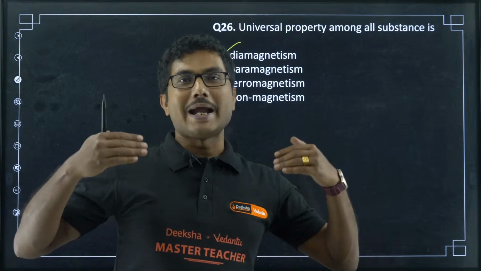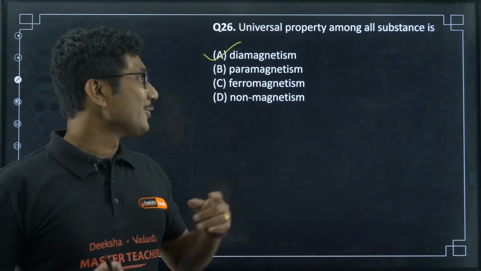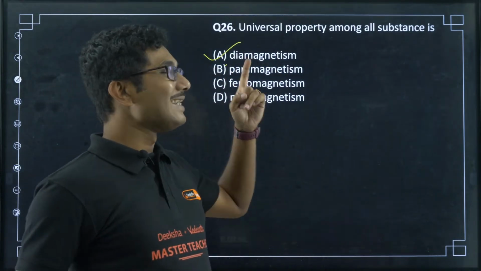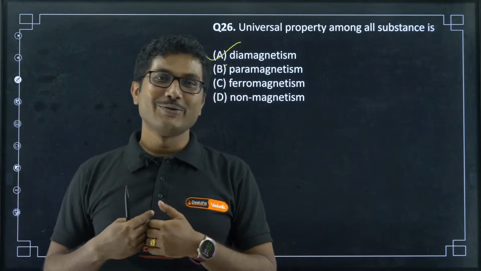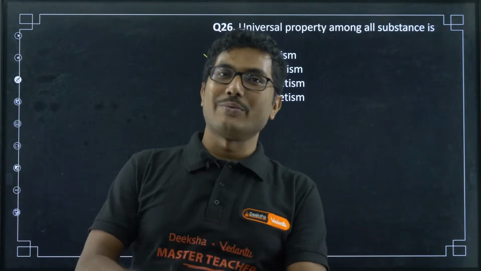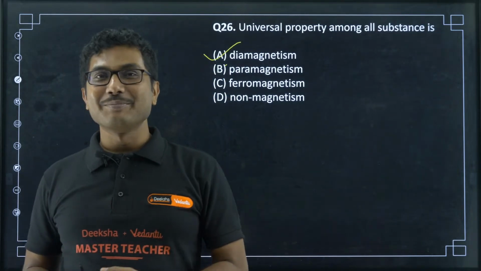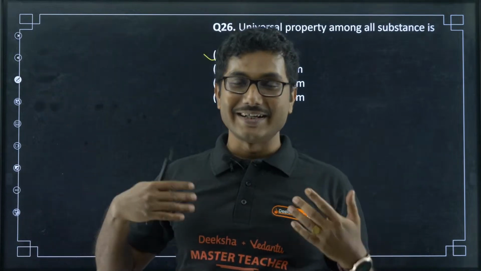By nature all of us are lazy, so you can compare diamagnetism to laziness. By nature we do not want to study or do hard work. But before the exam we suddenly become ferromagnetic material and start studying.